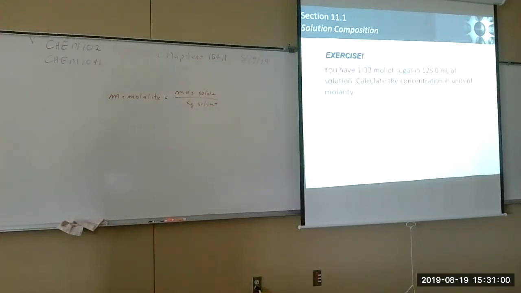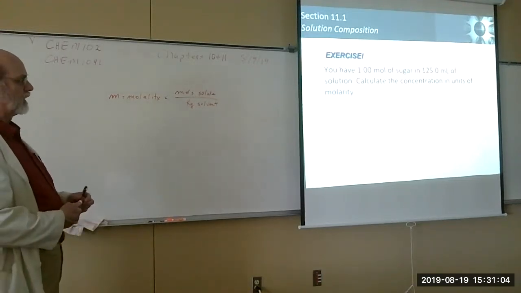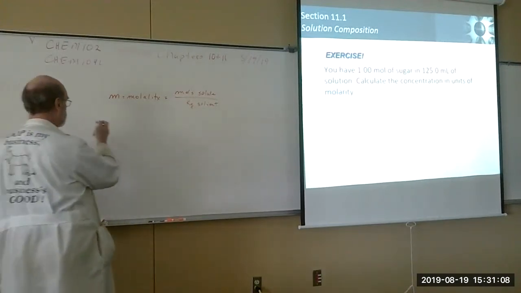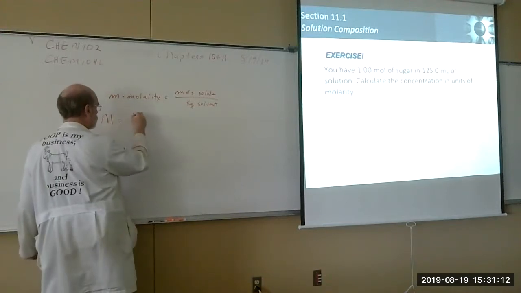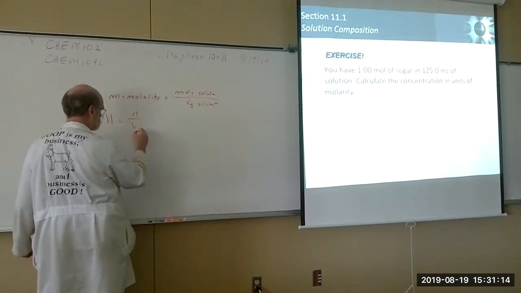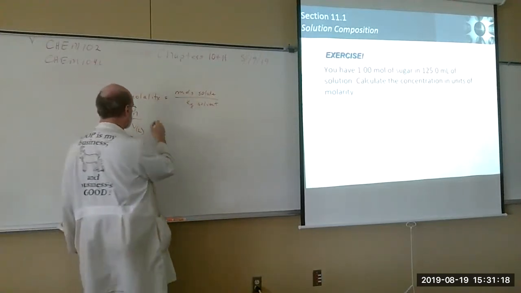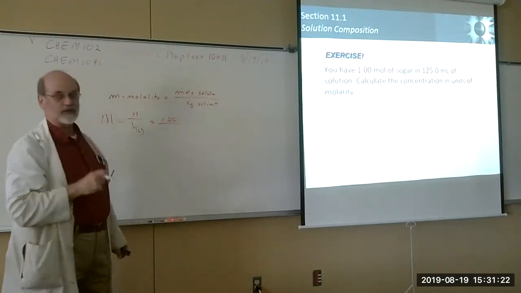So in this case, if we have a mole of sugar in 125 milliliters of solution, what's the concentration in molarity? Well, you got to remember, what's the definition? Moles per liter of volume. So we know the moles is 1 for sugar, and the total volume is 125 milliliters.